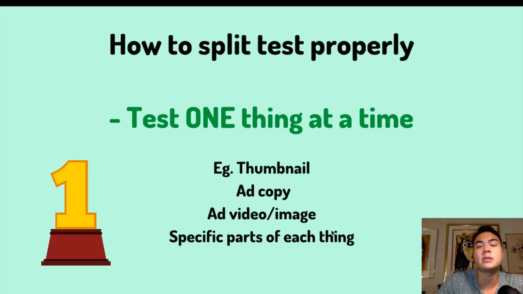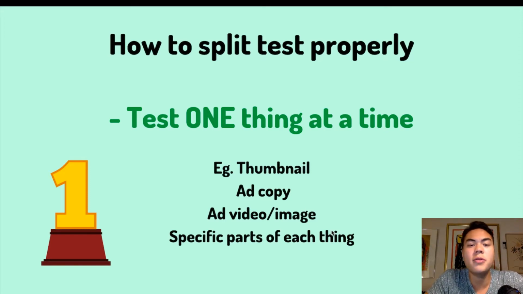For example, you can split test the first line of your ad copy, 3, 4, 5 different versions of the first line of your ad copy to see what kind of header really works for my ad copy. Or for example, your ad video, you can split test 3, 4, 5 different first three seconds for your ad video, and so on and so forth.